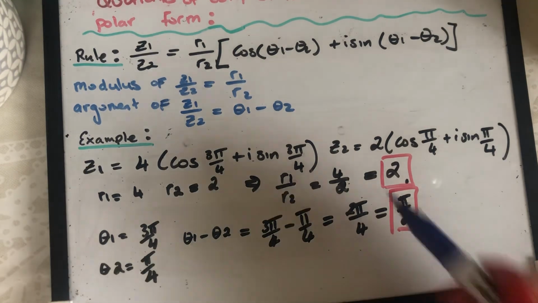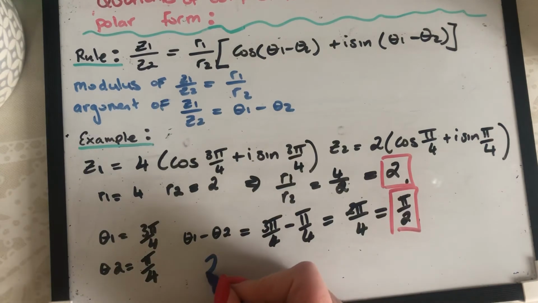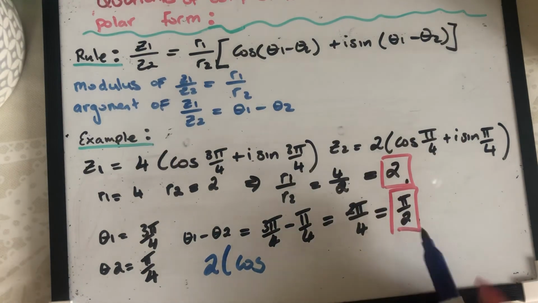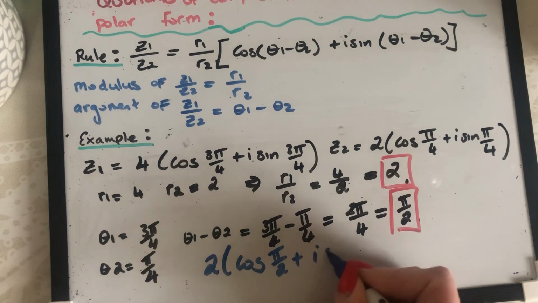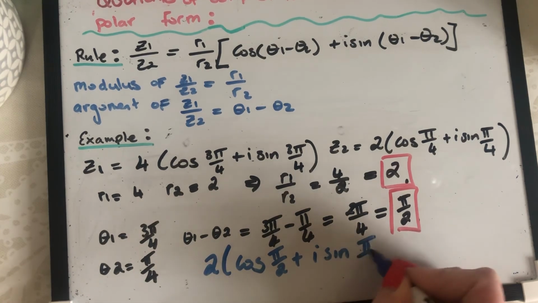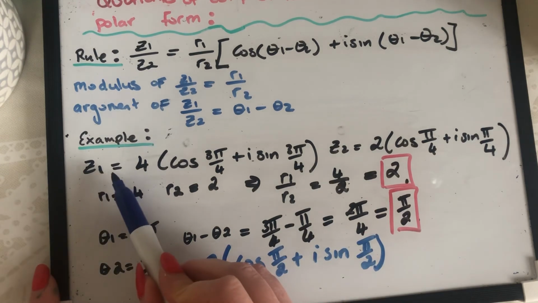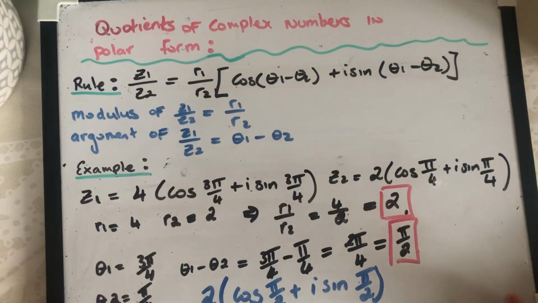R1 divided by R2 is 2 cos, where theta 1 minus theta 2 is pi over 2, and so on with the sine of pi over 2. So here is the answer to our question when we wanted to find out what was Z1 divided by Z2, so getting the quotients of complex numbers in polar form.